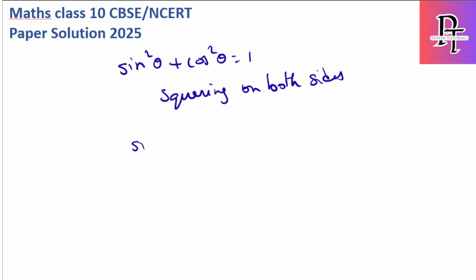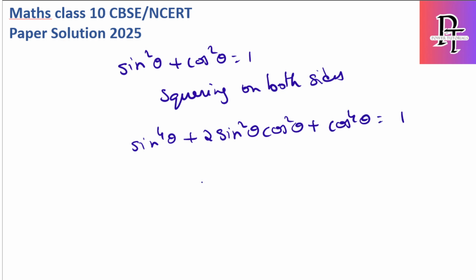I will get again sin power 4 theta plus 2 sin square theta cos square theta plus cos power 4 theta is equal to 1. So sin power 4 theta plus cos power 4 theta is equal to 1 minus 2 sin square theta cos square theta.